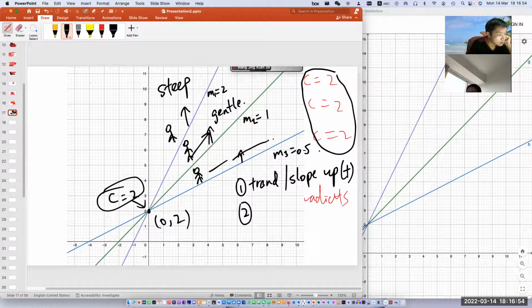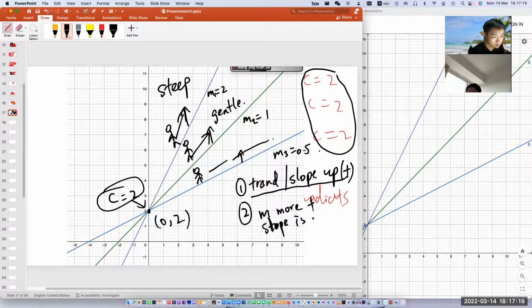Wow. This one. Okay. So basically, if I'm talking about positive gradient, because my first conclusion is must trend up and slope up. So m is more positive. So the slope, I'm talking about the slope now. The slope is more steep.